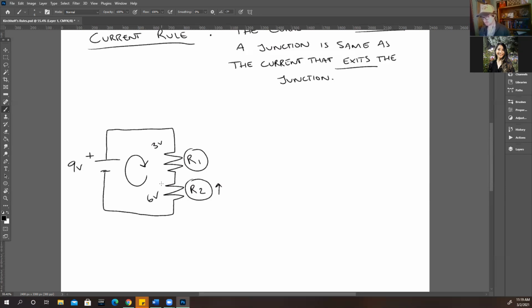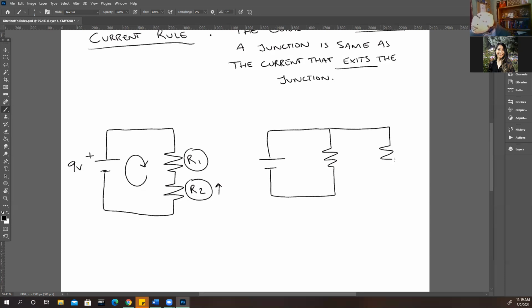The sum was still 9 of these two. So we saw that with the series and also with the parallel example. Okay, 9 volts, positive.